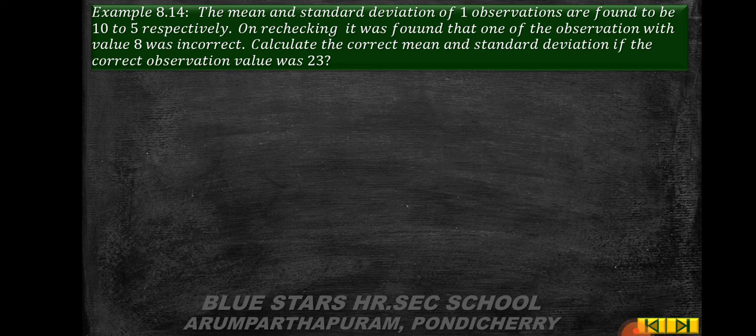On checking, it was found that one of the observations with value 8 was incorrect. Calculate the correct mean and standard deviation if the correct observation value was 23. So mean x bar is equal to 10 and standard deviation sigma is equal to 5 and n is equal to 15 because the number of observations is 15.